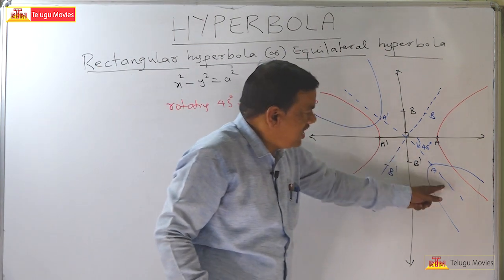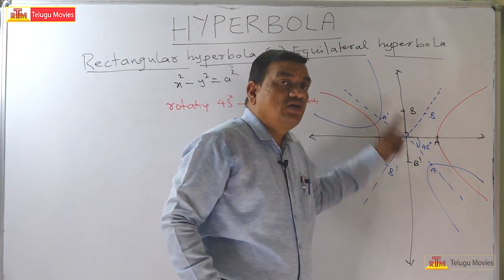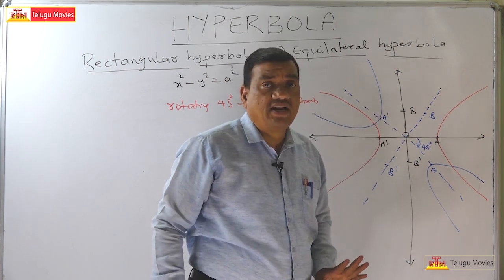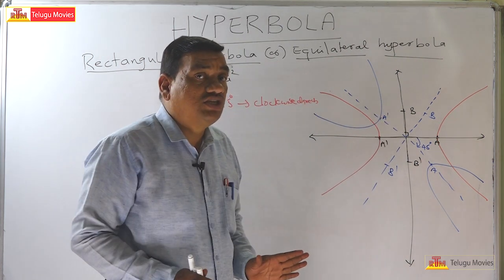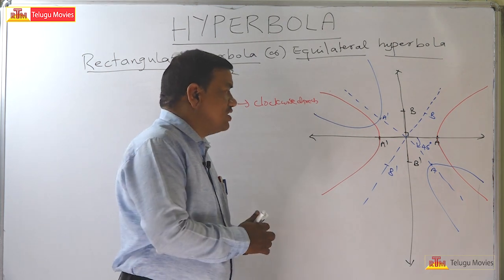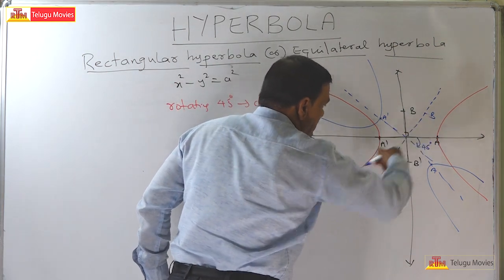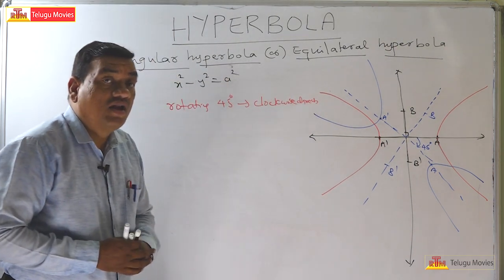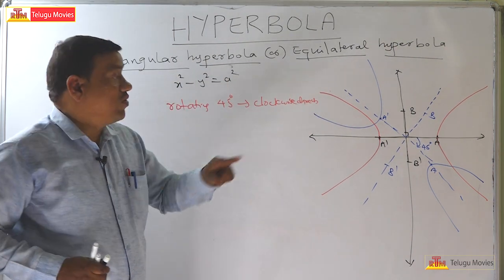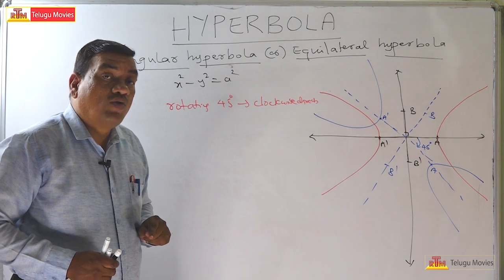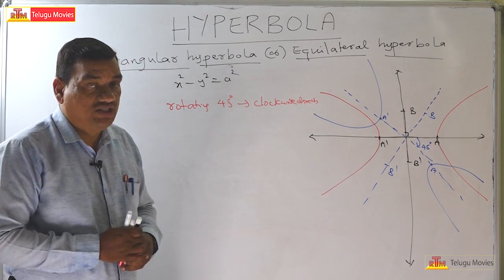Now this is also a rectangular hyperbola only. Here also the lengths of the transverse axis and conjugate axis are equal, but the equation of the hyperbola will change.